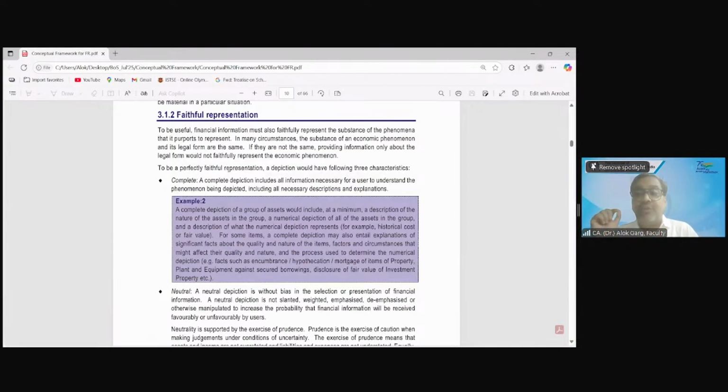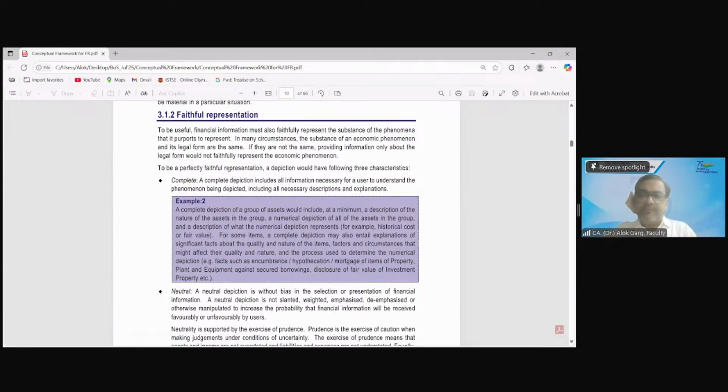You need to write that. Then you also disclose whether this valuation is by a registered valuer or an unregistered valuer. Then you also write what the revaluation impact is. So by giving all this information, you are completing the information.